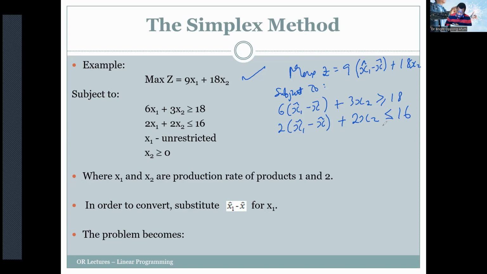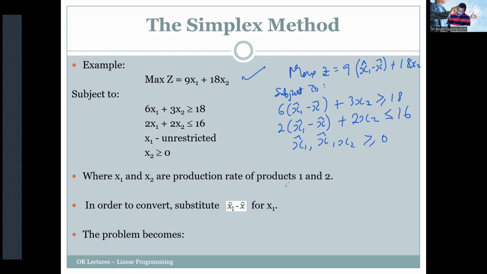So in doing this, x1 cap, S cap, and x2 are all greater than or equal to 0, right?